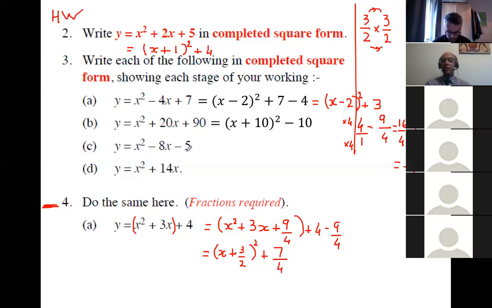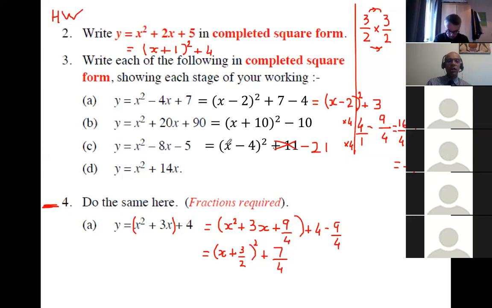So minus 16 minus 5 should give us minus 21, if we've done it correctly.